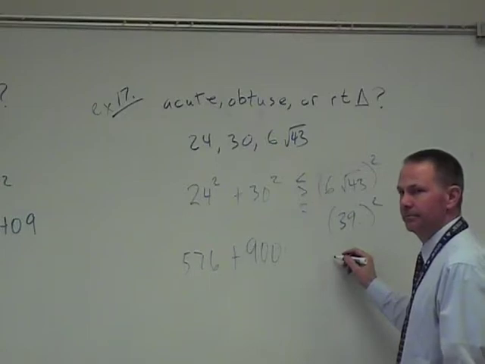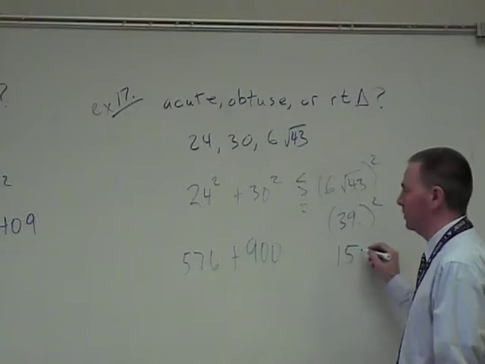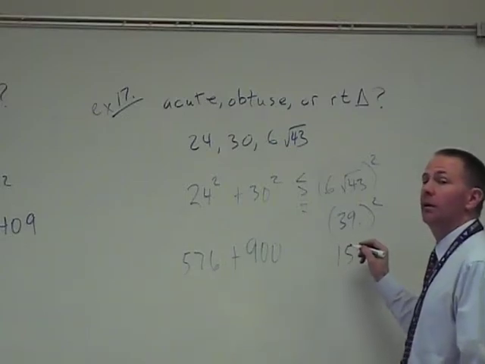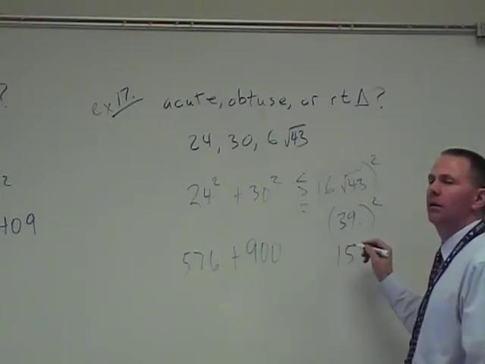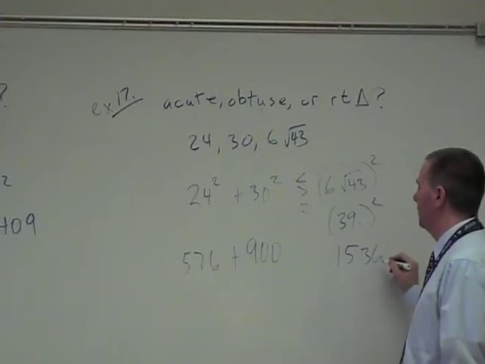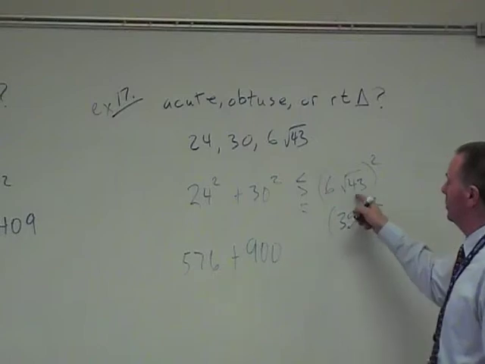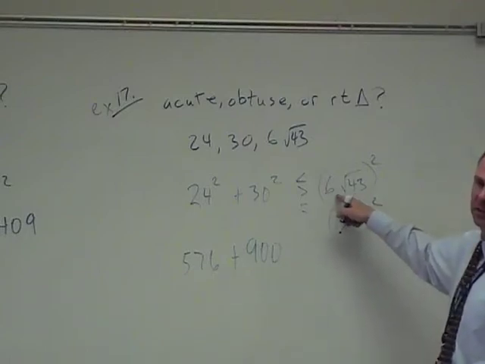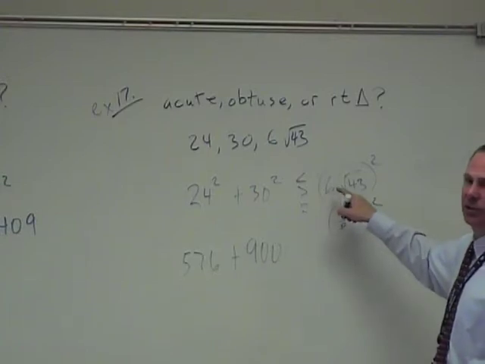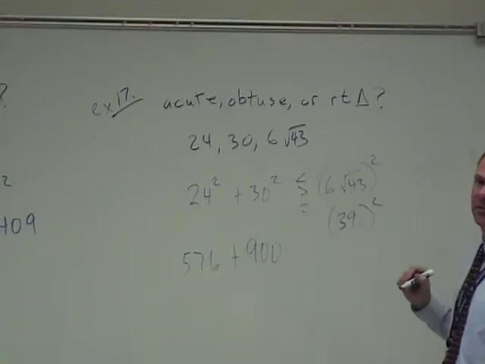You took the square root of 43 and then you multiplied by 6, and then you squared it? Or did you take 36 times 43?